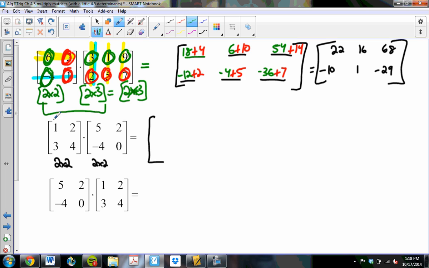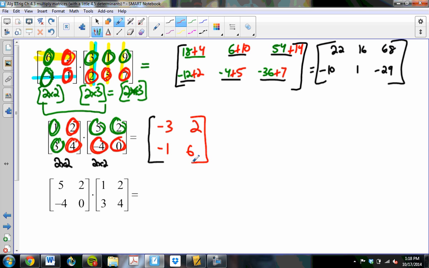This becomes 5 minus 8, which is negative 3. 2 plus 0, which is 2. 15 minus 16 is negative 1. 6 and 0 is 6. That one's done.